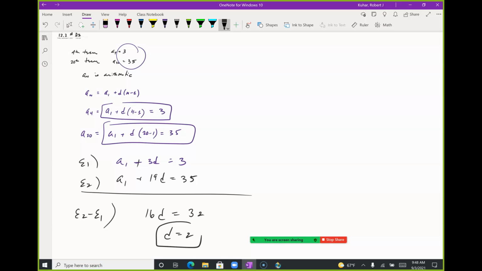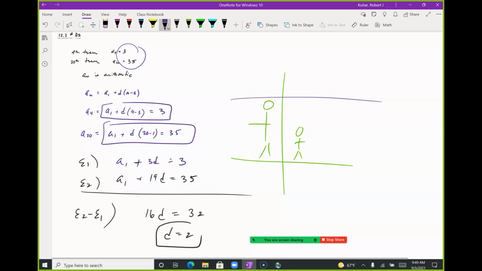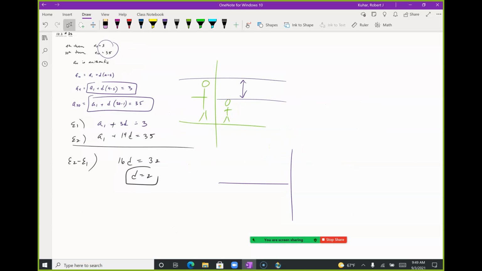Just real quick, why can you subtract the equations from one another? This is something we did in Algebra 1, but it's basically saying you've got two people, one taller than the other, and you take the height of the taller one and the height of the lower one, and you get the difference in their heights. It's a little bit more complicated than that.